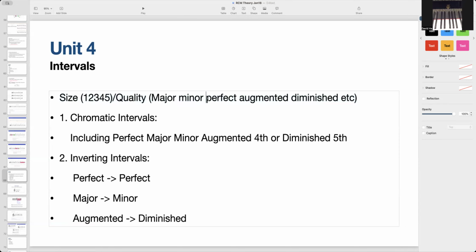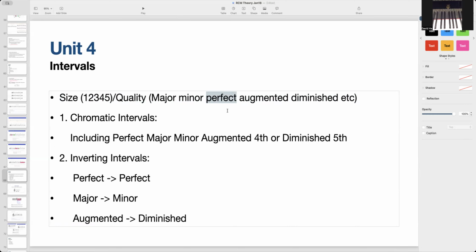Perfect always has four intervals, which are first, right? So perfect first: if you play, for example, middle C and middle C together, two middle Cs, that's a perfect first.